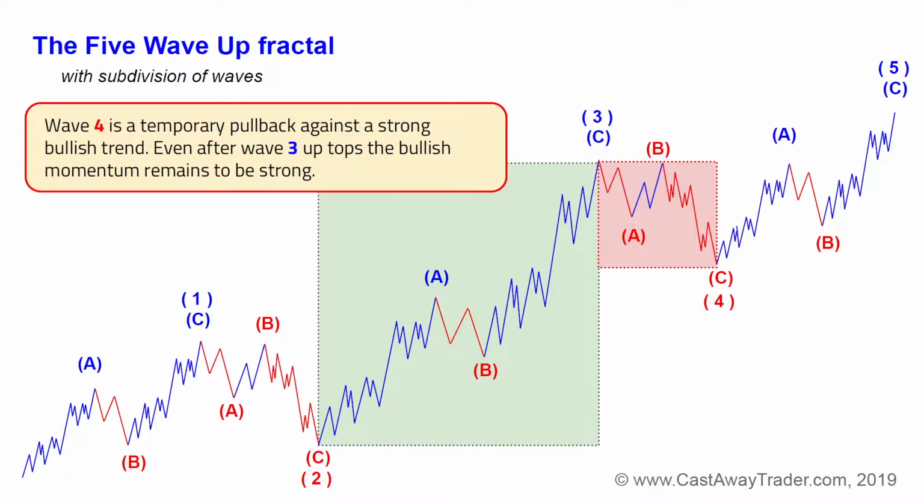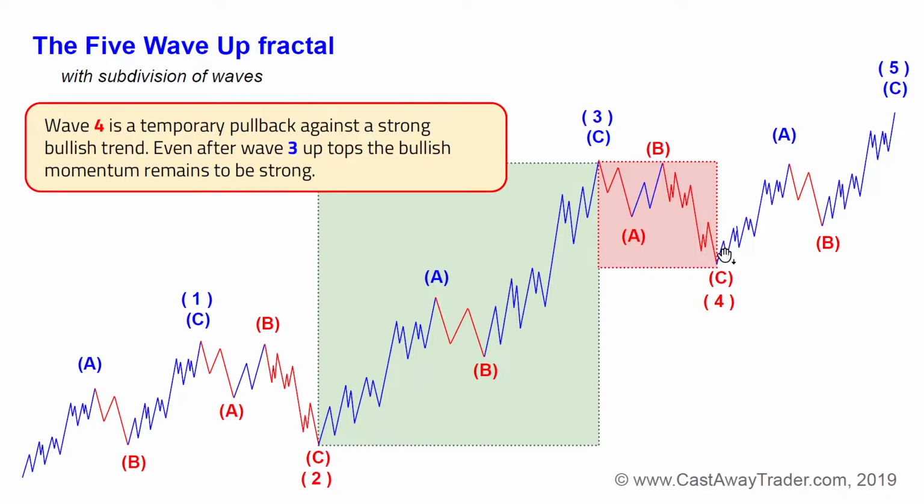So we always start our lessons from the main fractal, the 5-wave up fractal, that helps us to navigate through the markets. And we will be talking about that corrective structure. It is wave 4. It is a pullback, a temporary correction that follows a strong rally in wave 3 up, and after the completion of wave 4, we still have room to go higher.